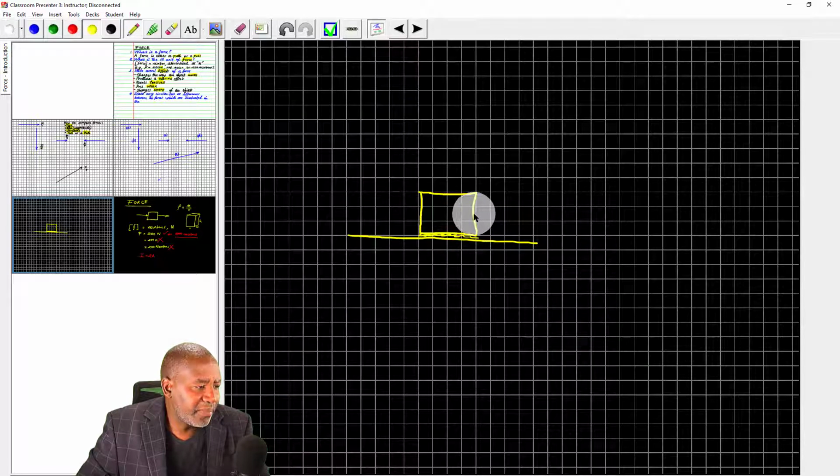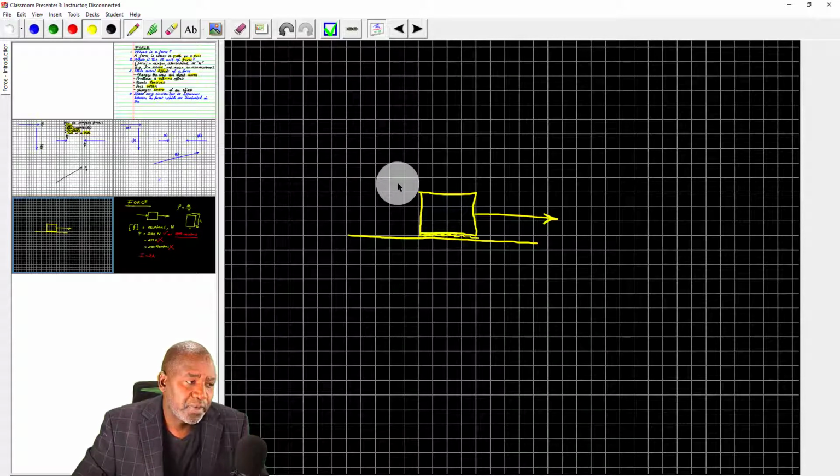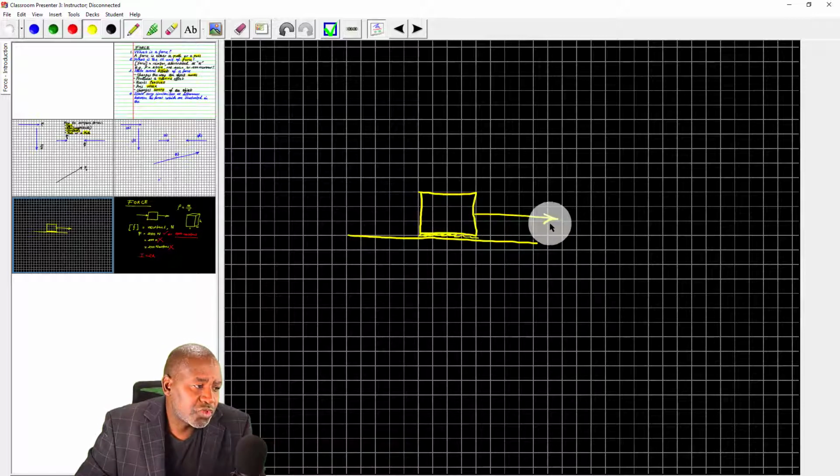And you're going to apply a force here. You tie it with a rope, and then you pull or you push by physically getting hold of it and pushing. So you can apply a force to the right like this.